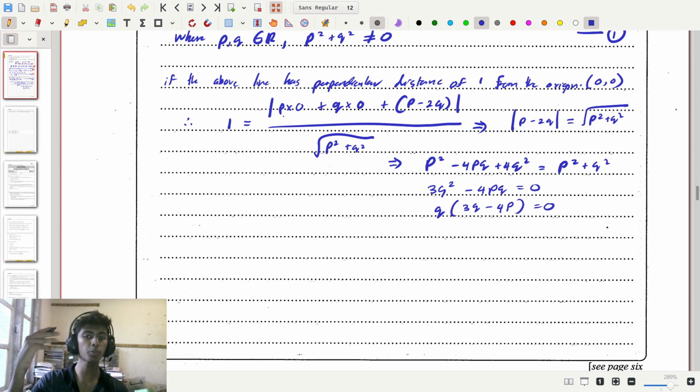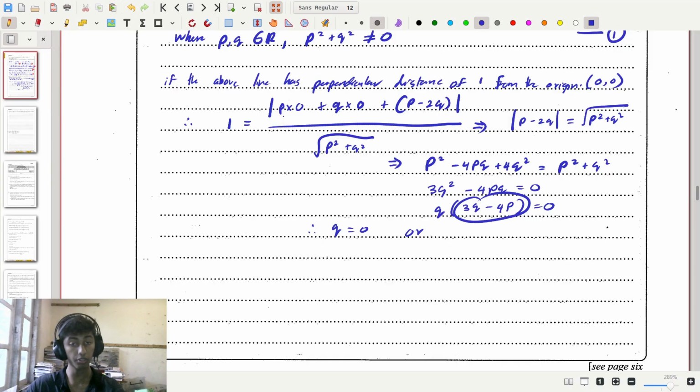In order for this equation to be satisfied, we could either have q equal to 0 or 3q minus 4p equal to 0. So we can have 3q equal to 4p, which gives p equal to 3q over 4. So it's either q equals 0 or p equals 3q over 4.